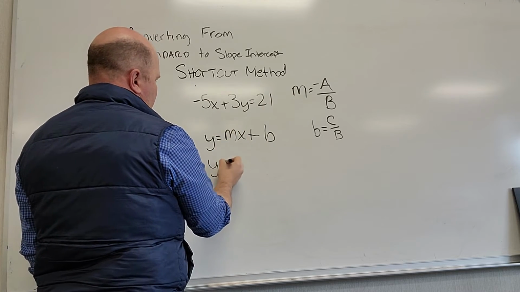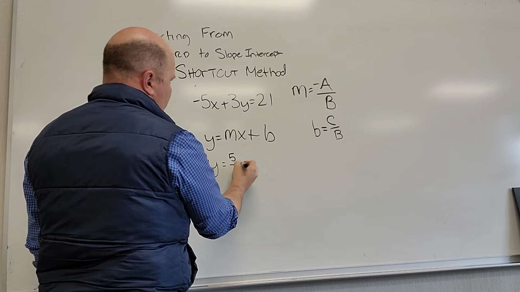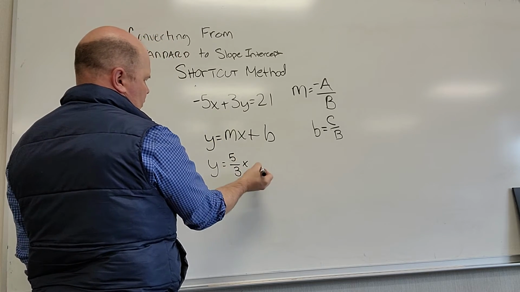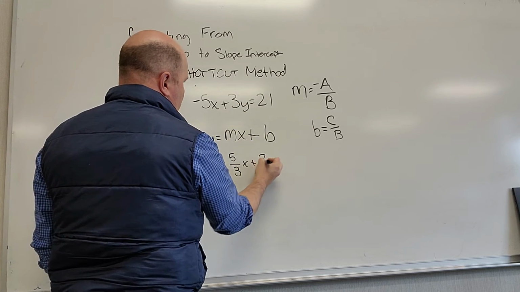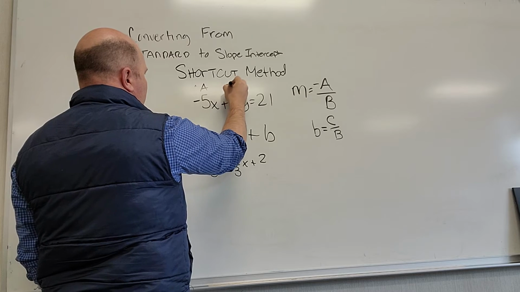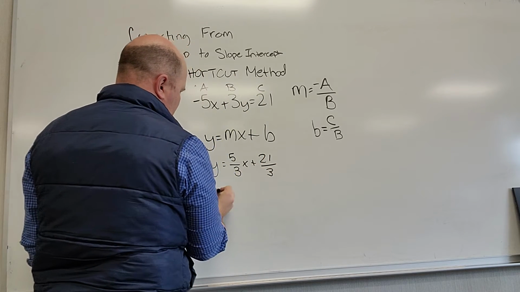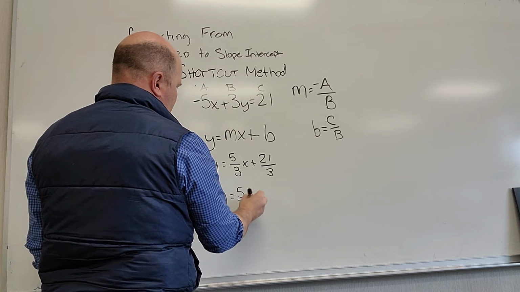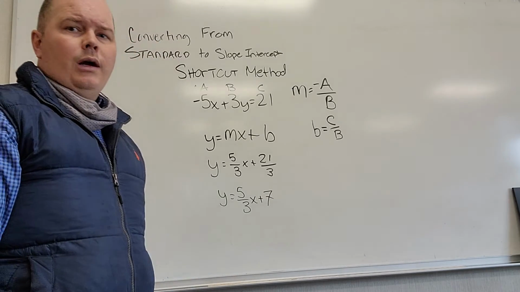So my slope is going to be the opposite of negative 5, which is positive 5, divided by the B. The x falls down. And then my y-intercept is going to be the C, which is 21 divided by 3, which simplifies into 5 over 3 x plus 7. And that's the shortcut method again.